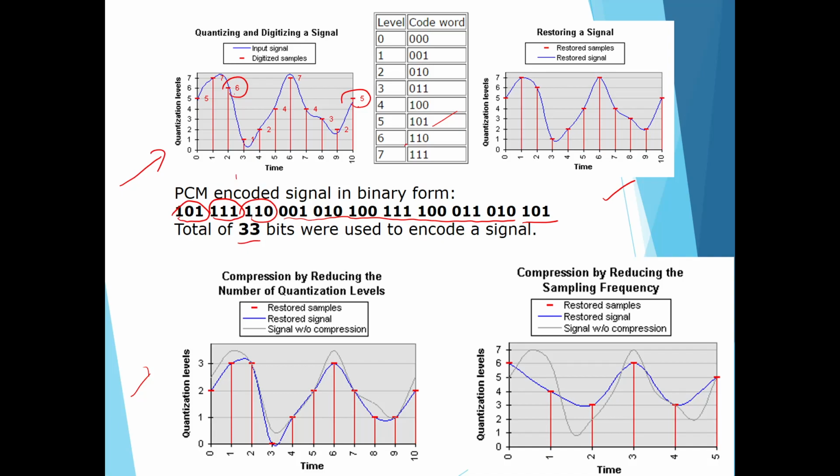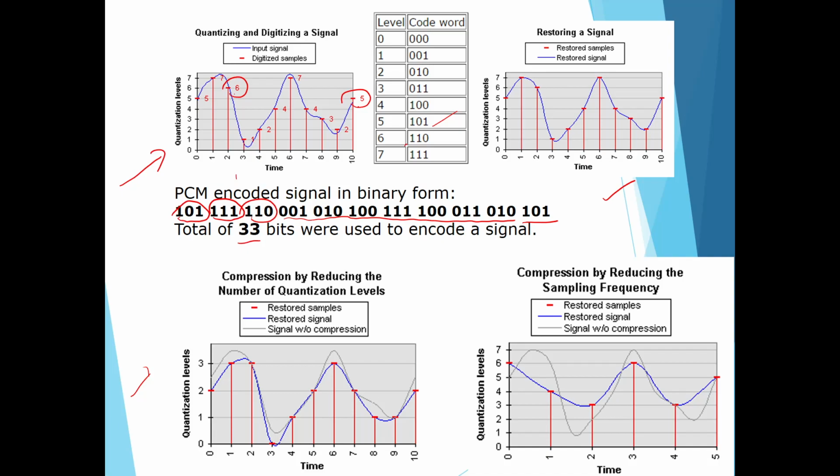In this slide, it is shown what the difference is if we compress by reducing the number of quantized levels. That means we compress the signal by reducing the amplitudes, or we compress by reducing the number of samples that we take.